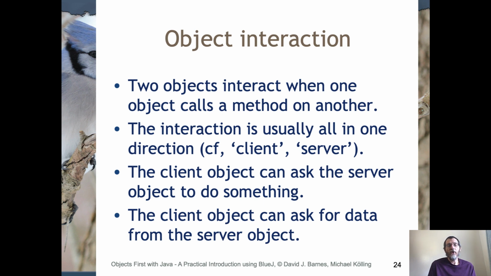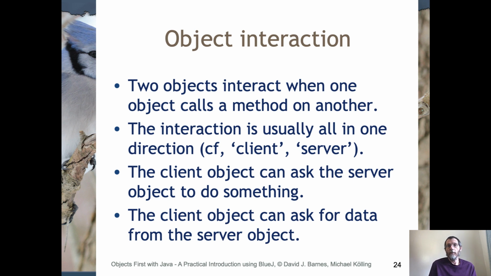It's sometimes useful to give names to the two objects involved in an interaction, and we choose names like client and server to be able to describe the two different roles. So we think of the object doing the method calling as being a client object, and the object that's responding to the method call as being a server object.